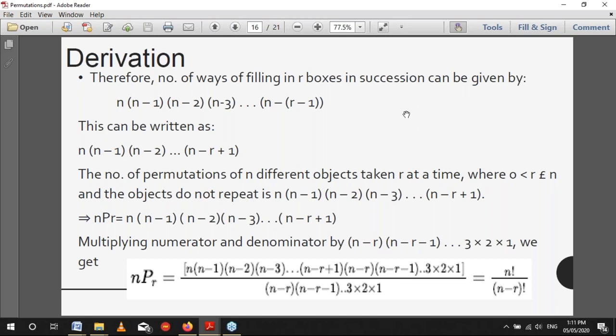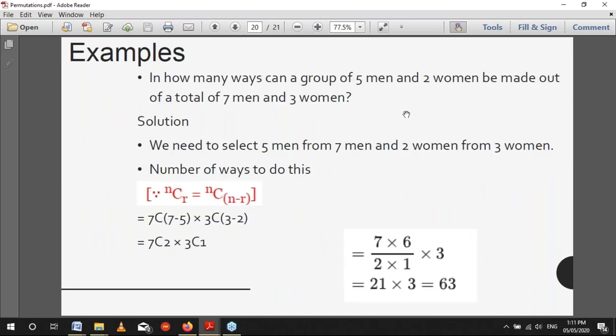If you look at the solution, we need to select 5 men from 7 men and 2 women from 3 women. So the number of ways to do this is, you bring the formula, n combination r is equal to n combination n minus r. When you input the formula, we now have 7 combination 7 minus 5 times 3 combination 3 minus 2, and that brings us to 7 combination 2 multiplied by 3 combination 1.